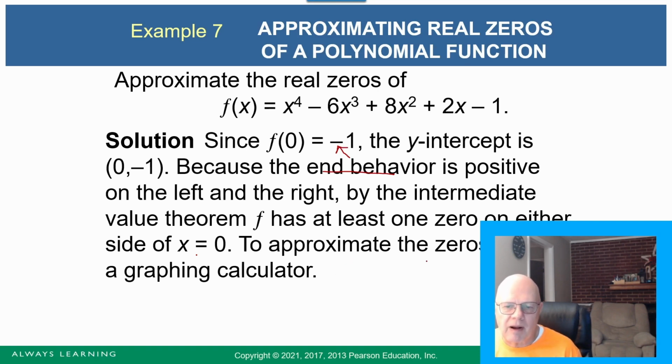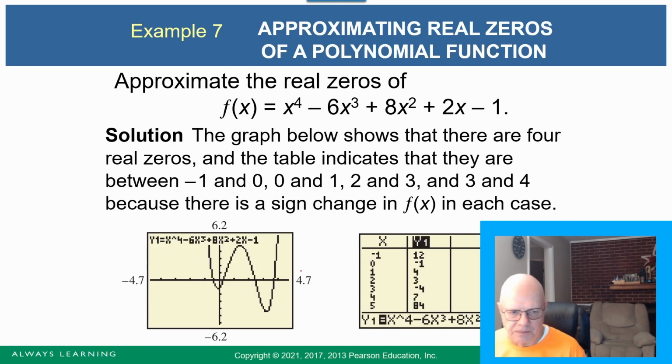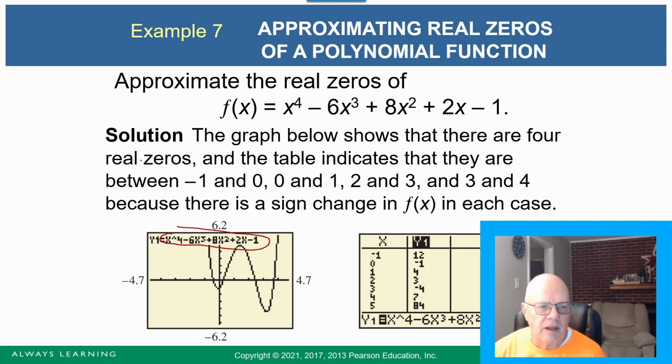And if we want to approximate the zeros, we can use the graphing calculator. Use y equals, put your function in, hit graph to see it, and use trace and see where those zeros are. Here's our function, x to the 4th. Well, better to look up here instead.